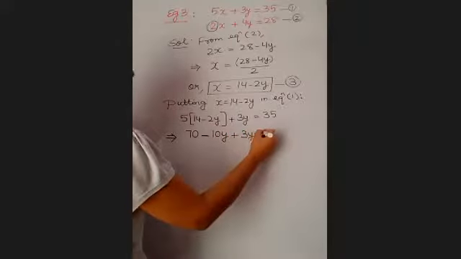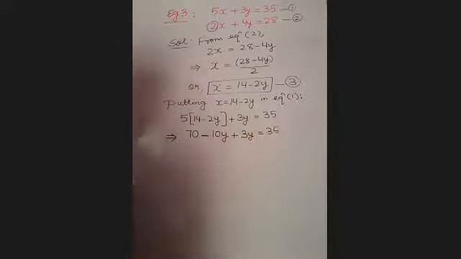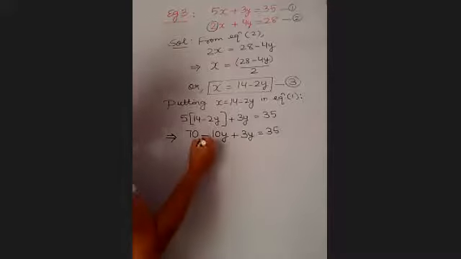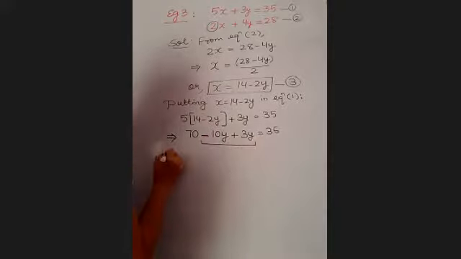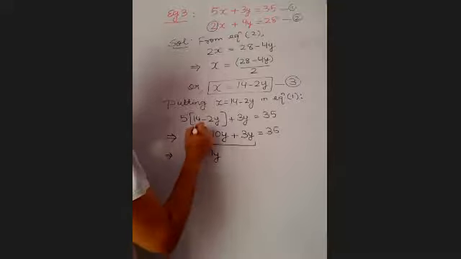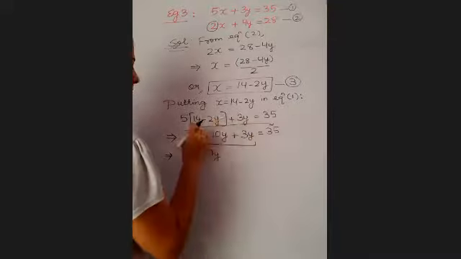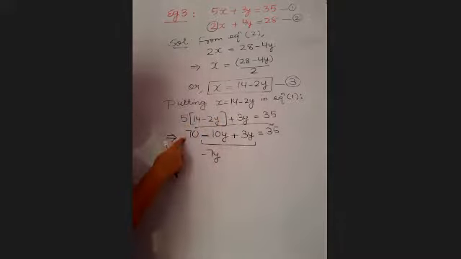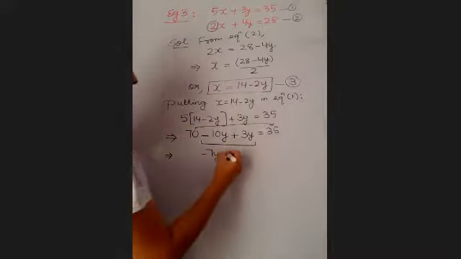Okay, beta? Now minus 10y plus 3y gives us minus 7y. And this 70 will go this side. It is plus here, that side it will be negative.